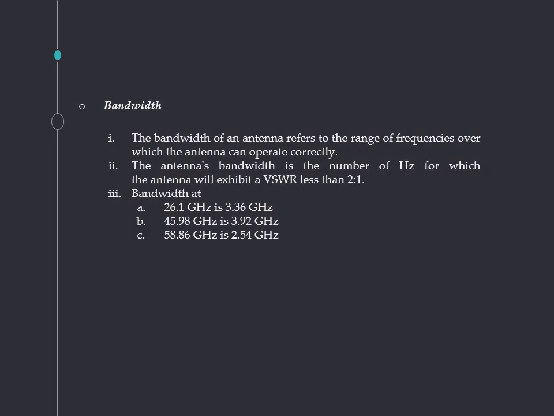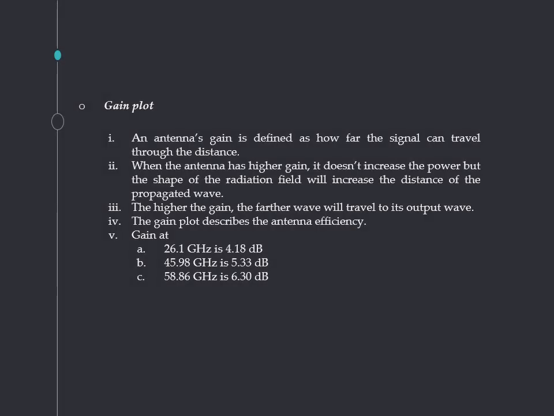Next is bandwidth. The bandwidth of an antenna refers to the range of frequencies over which the antenna can operate correctly. Bandwidth for 26.1 GHz is 3.36 GHz, and for 45.98 GHz and 58.86 GHz it is 3.9 GHz and 2.54 GHz respectively. Gain plot.